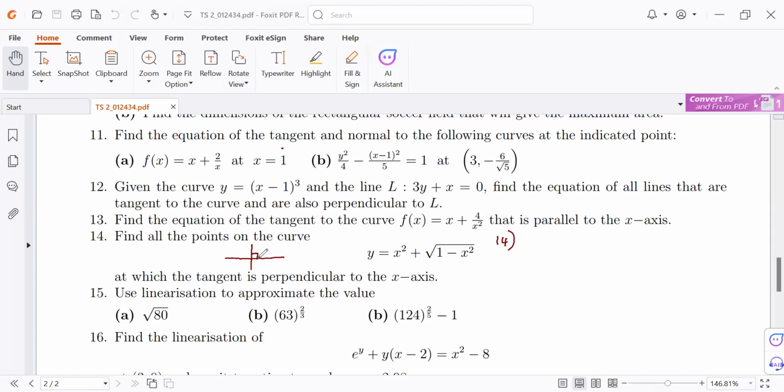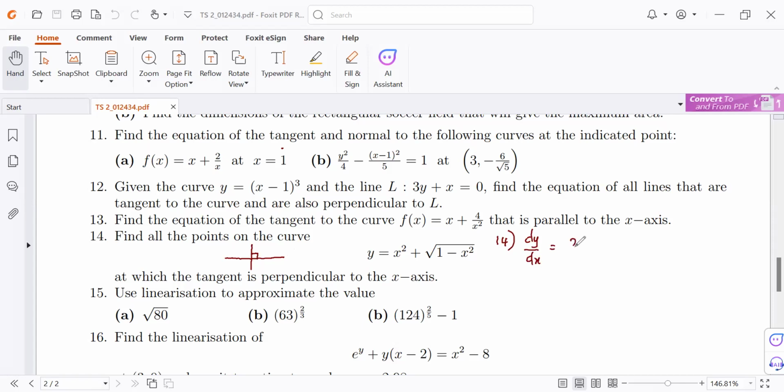Now, vertical lines do not have gradients. The vertical line has an undefined gradient. So what we'll do is this: we get our function and differentiate it.